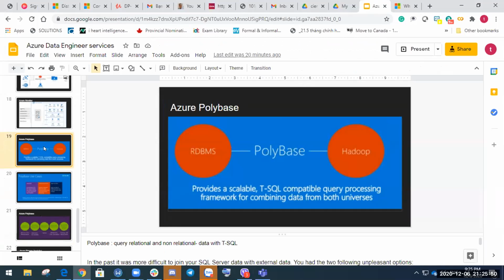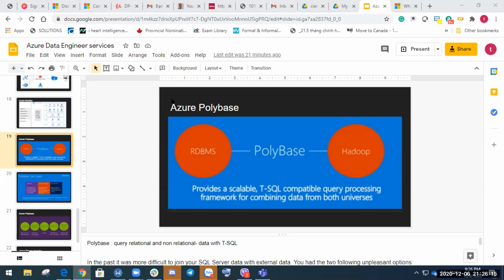So we will just go over Azure Polybase. I just want to have a brief word on it again. It basically helps you query both relational and non-relational data from external data sources across your data platform.